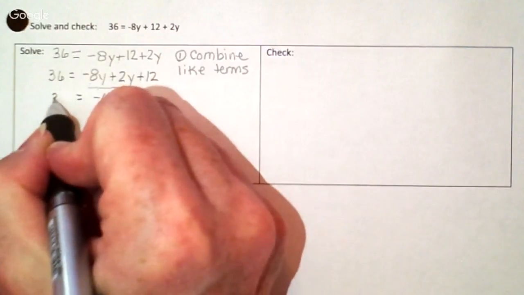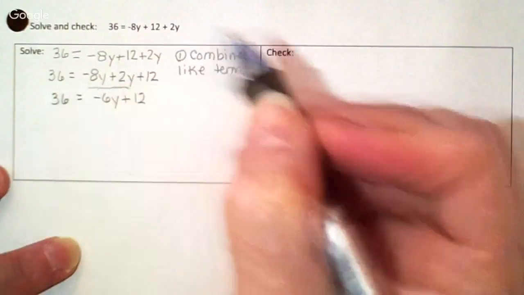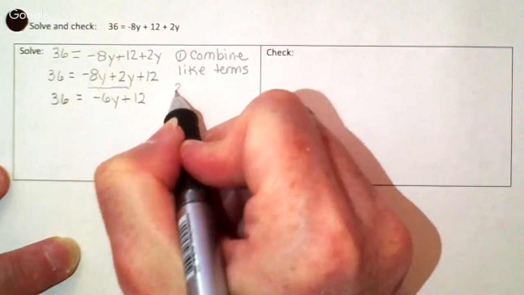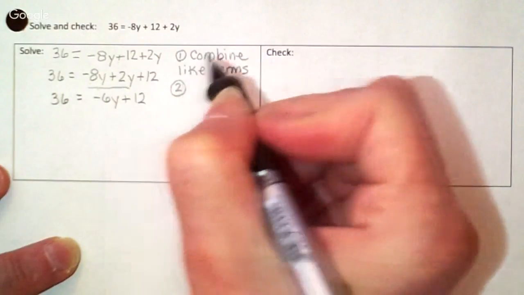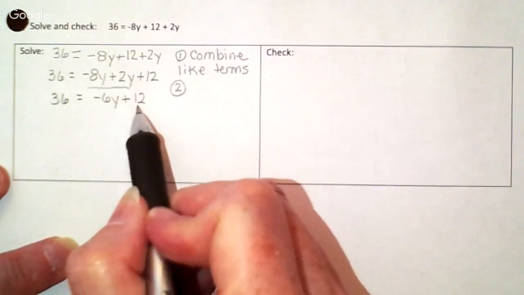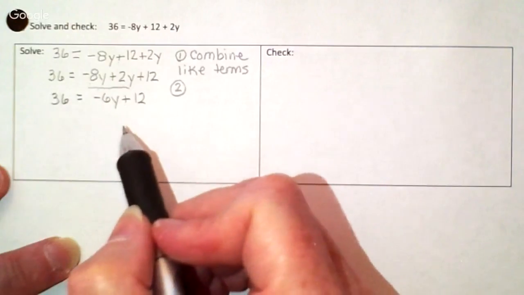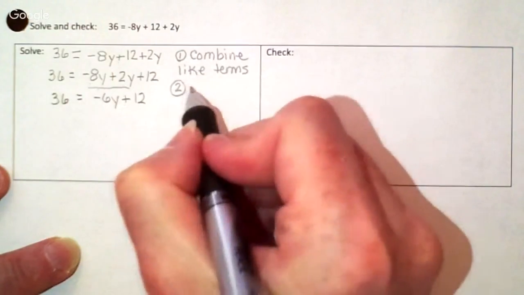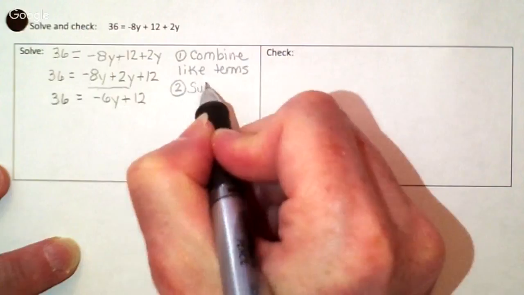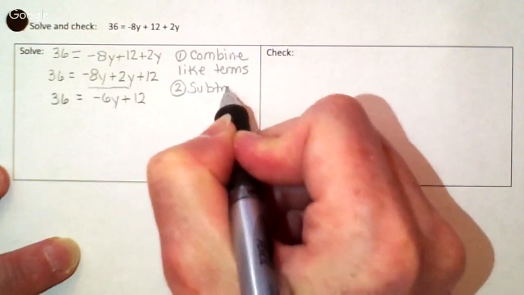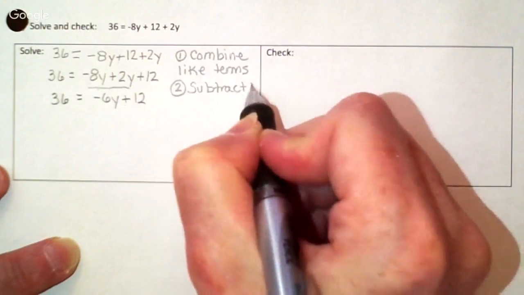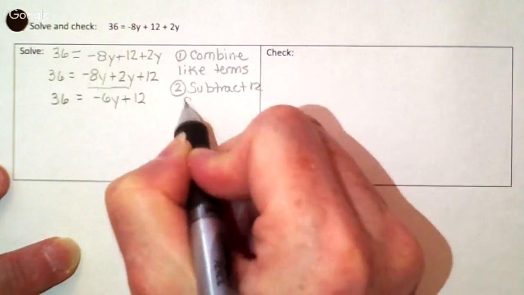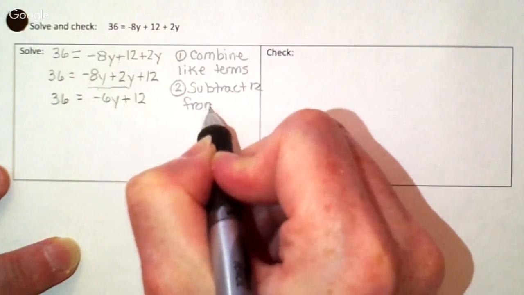And that is giving us 36 here. Step 2, because we're adding 12, in order to bring it to 0, we need to subtract 12 from both sides.